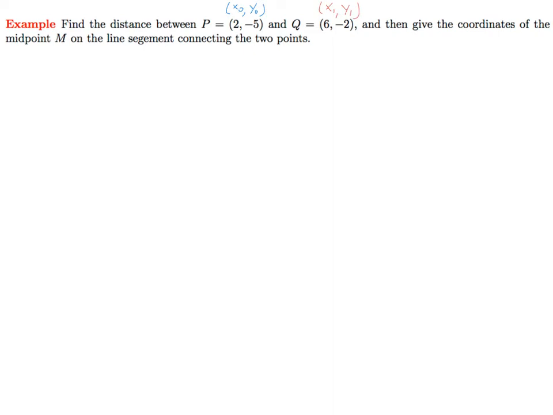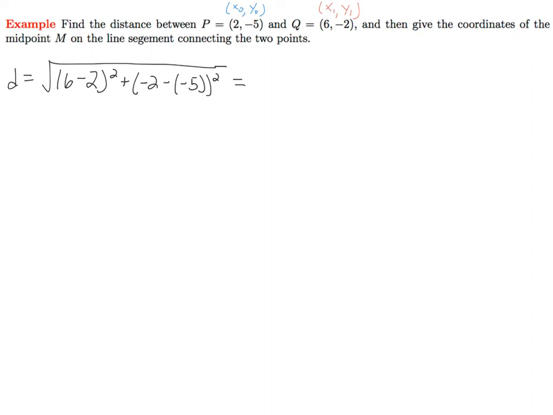And so the distance, D, we get by taking the square root of x1, which is 6, minus x0, which is 2, squaring that, and then adding the difference of y1, which is minus 2, minus y0, which is minus 5, squaring that.